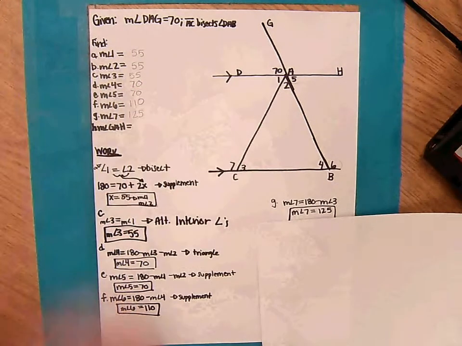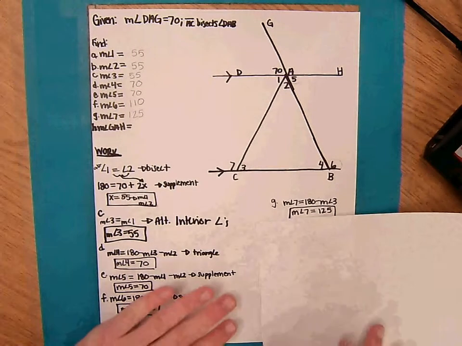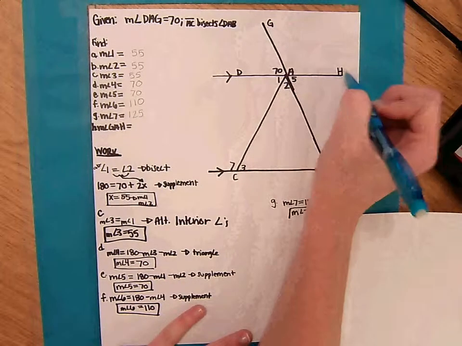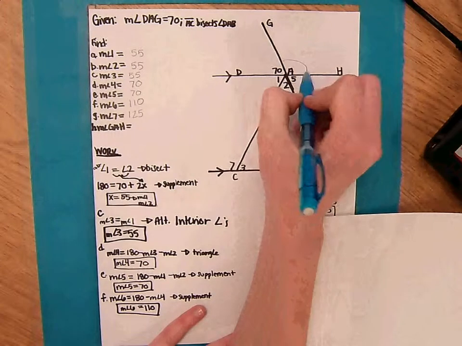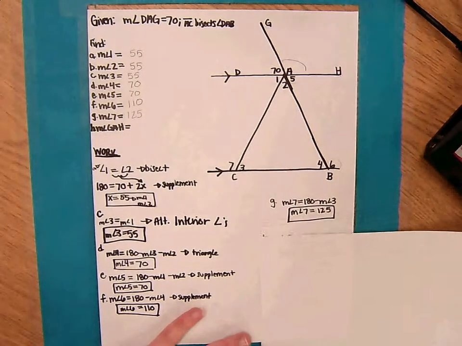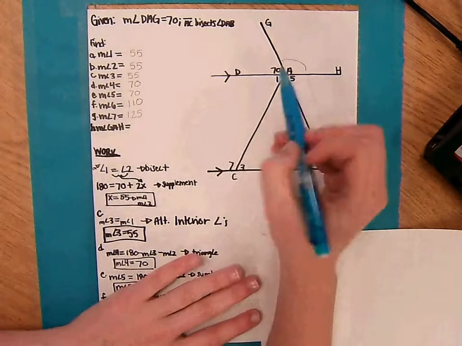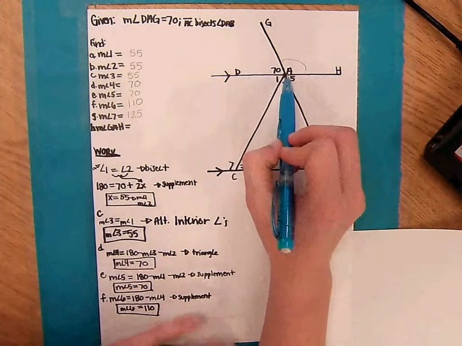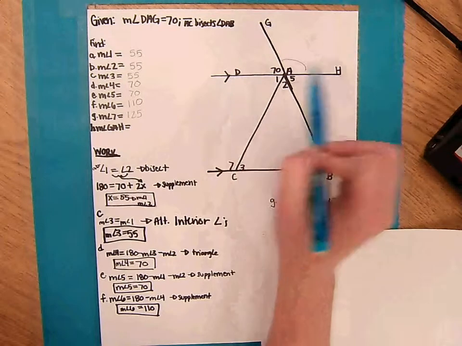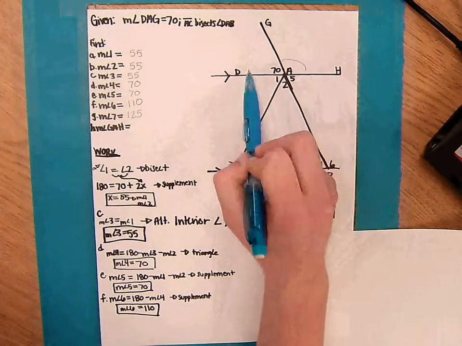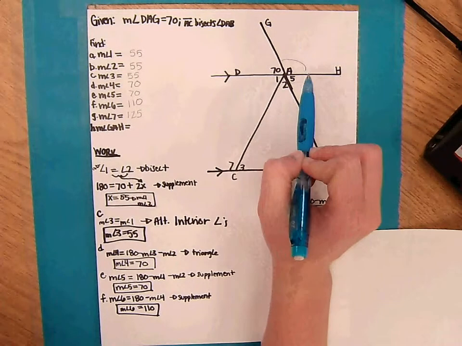Now this last one is measure of angle GAH, which is this angle right here. The measure of angle GAD and the measure of GAH are all on the line DH. Seeing that this is a line, these two angles are supplementary.